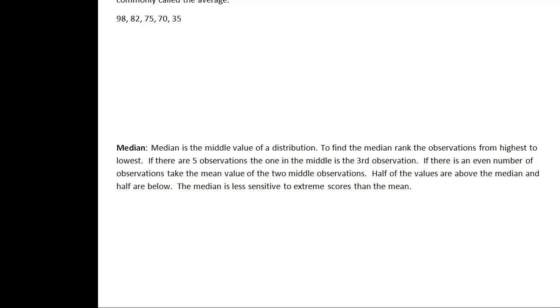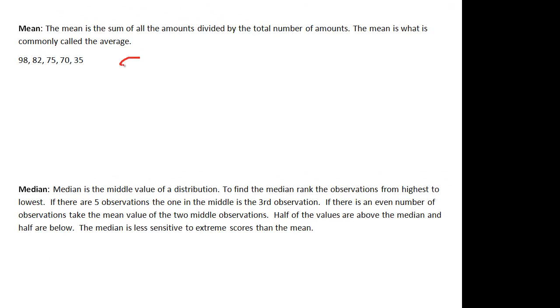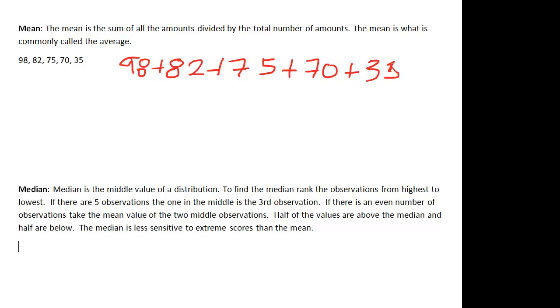I think I'll use red pen here. So we have our 98 plus our 82 plus our 75 plus our 70 plus 35, divided by, looks like we have 5 scores.